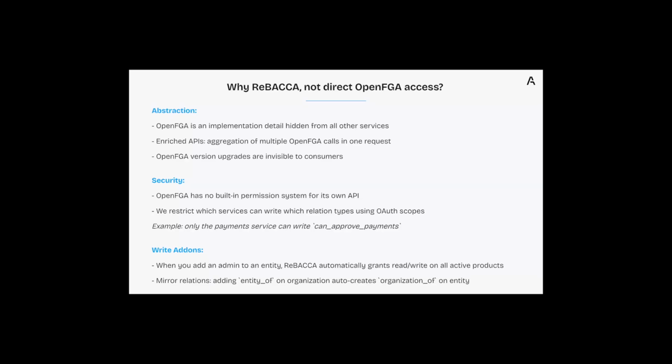And the second reason was security. Because OpenFGA at the time itself had no permission system for its own API, anyone who can reach it can write any tuple. And because Agicap, like I said, is a multi-product platform, we don't want developers or services from the payment service to write anything but payment-related relations, and only the cash collection service can write cash collection relations, and so on.